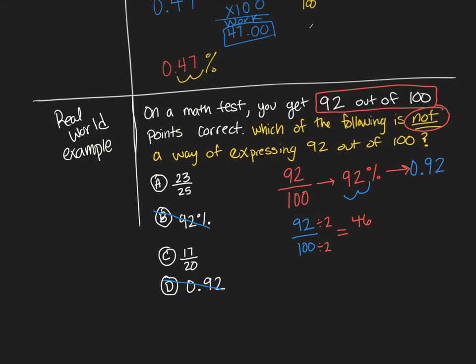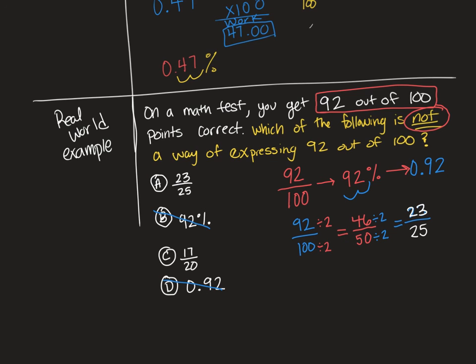And again, if you need to use a calculator, that's fine. 100 divided by 2 is 50. Now I can divide by 2 again. 46 divided by 2 is 23. 50 divided by 2 is 25.